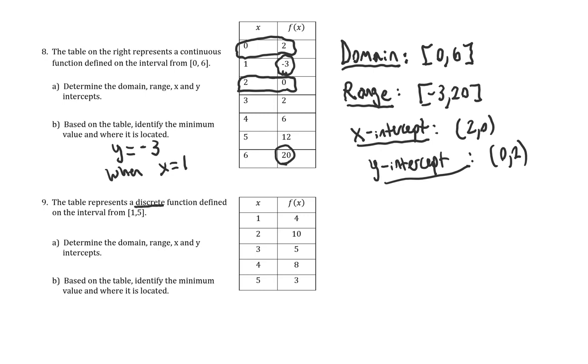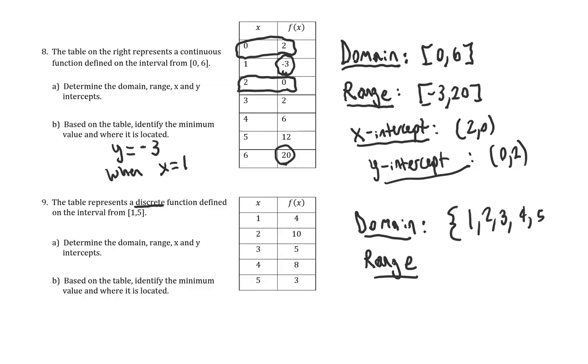Now, I just want to mention in problem 9 a little subtle difference. So it says this is a discrete function, meaning these points are the only points on the graph of the function. It wouldn't be connected like it would be in problem 8. So because of that, when we write domain and range for a problem like number 9, we just list the values. So I list all the x values, 1, 2, 3, 4, 5, because the points in between those are not part of the domain since it's discrete.